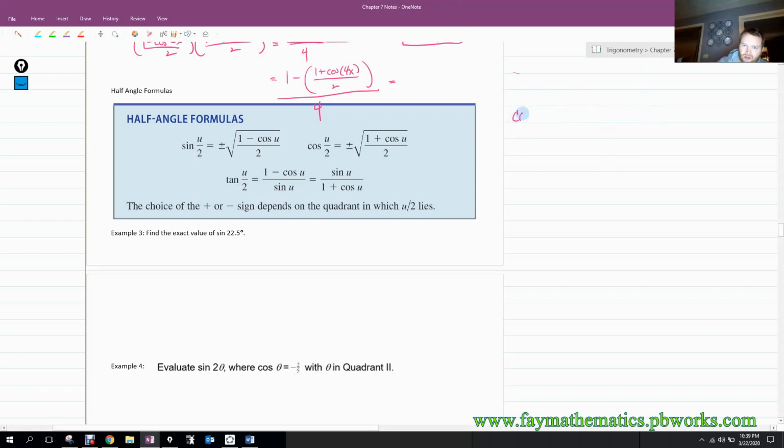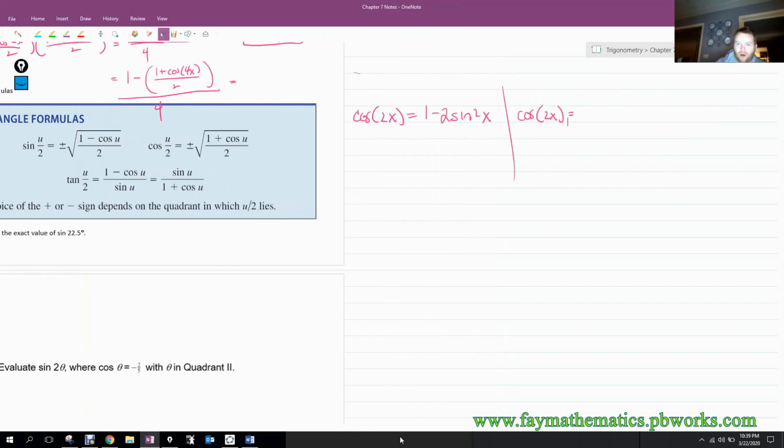So cosine of 2x was equivalent to 1 minus 2 sine squared x, and another one was 2 cosine squared x minus 1. So we have those two versions of the cosine double angle.